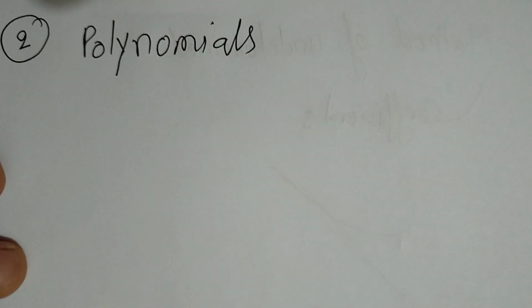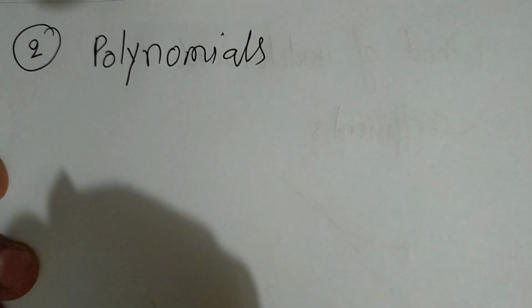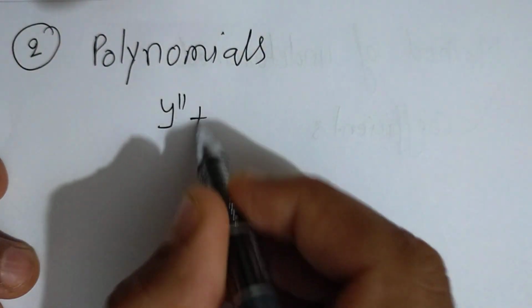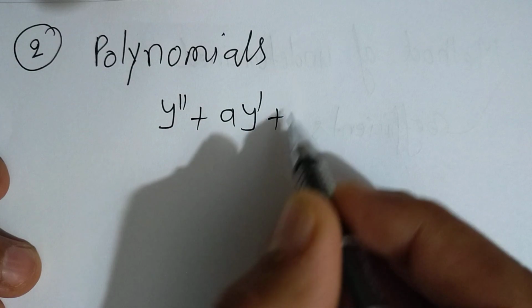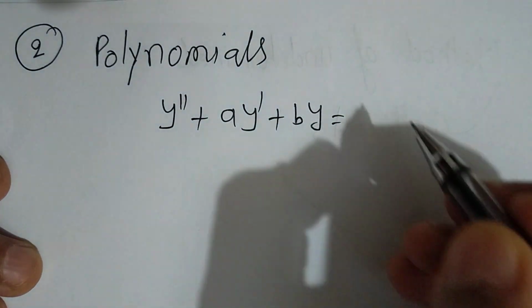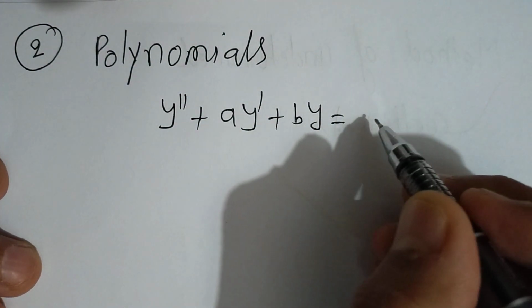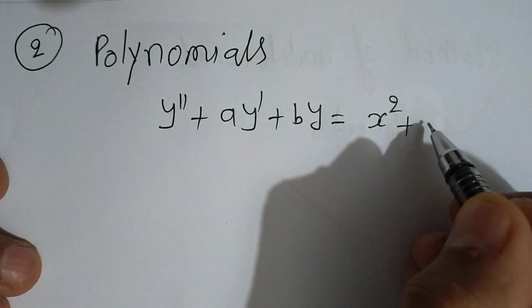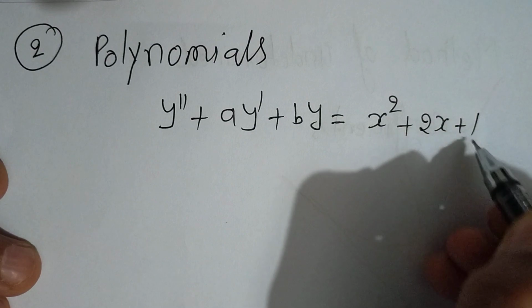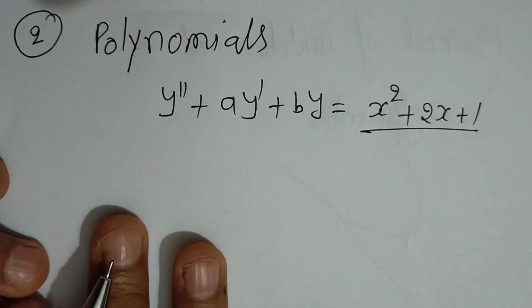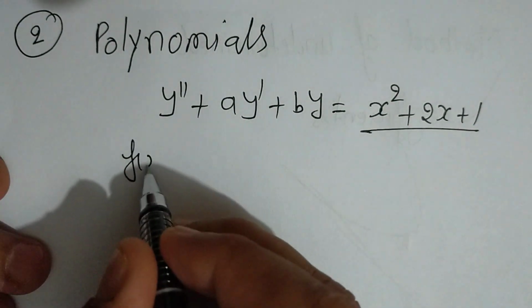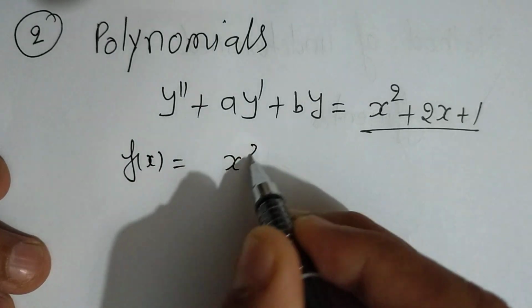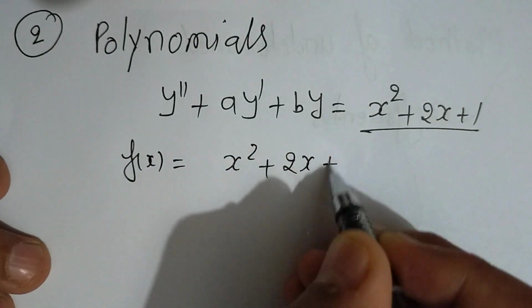The second f(x) can be polynomial, like we can have y double dash plus ay dash plus by equal to some polynomial, whether it is a linear polynomial or quadratic polynomial. Let us have some quadratic polynomial here. So f(x) is polynomial here, x square plus 2x plus 1.